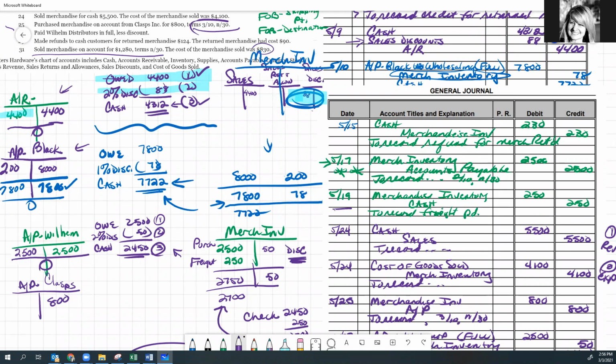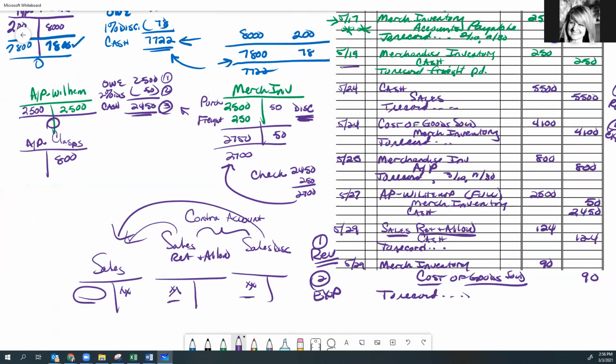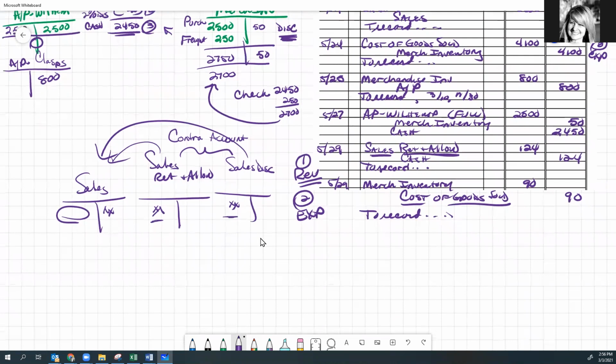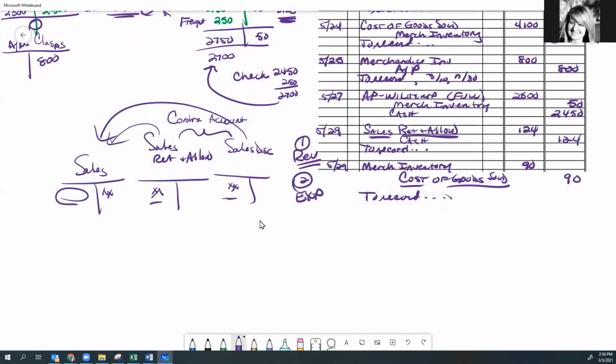So here again, when we're selling merchandise, we have two transactions. We need to record the sale and the cost of sale. So on 5/31, we need to record the revenue, and that sale was $1280, I think. Let's see here. Yep, $1280.